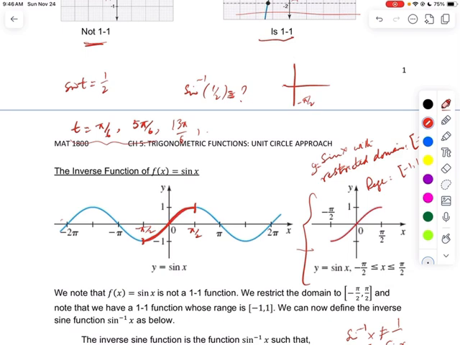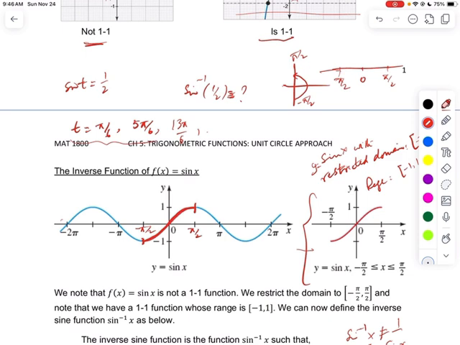So if I want to find an angle, a t value, sine of t is equal to 1/2. Okay, sine of t is equal to 1/2. So now I want to know sine inverse of 1/2 is equal to what?